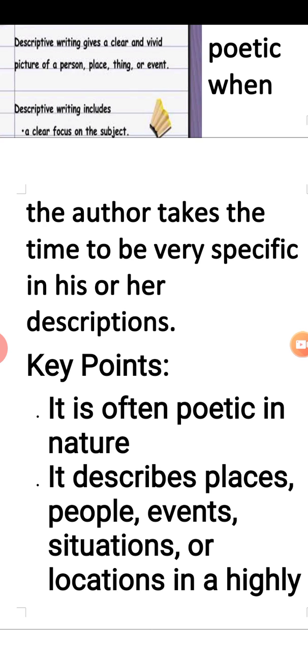So the author takes the time to be very specific in his or her descriptions, and you have to go into details, like the man wearing the black coat. He had a brown bag in his hands. You have to include a lot of adjectives in this.